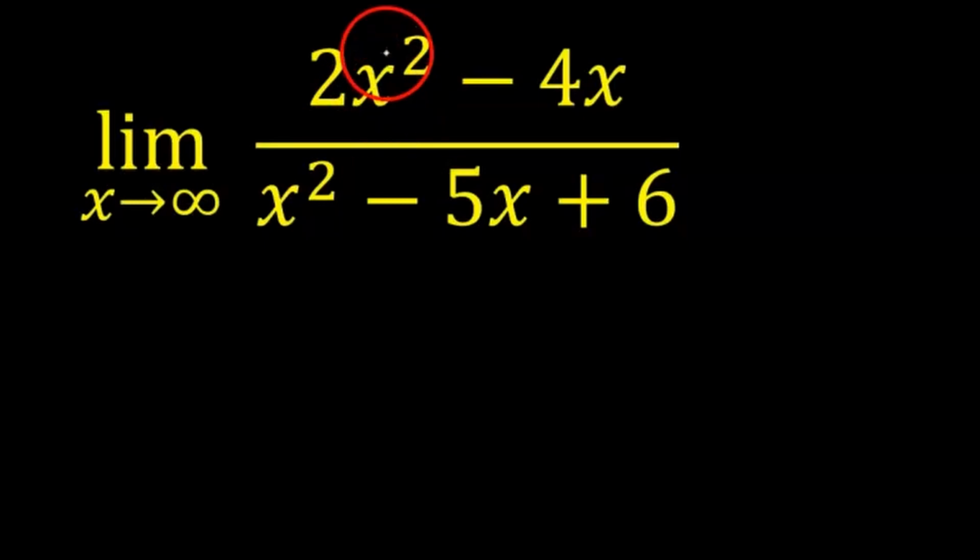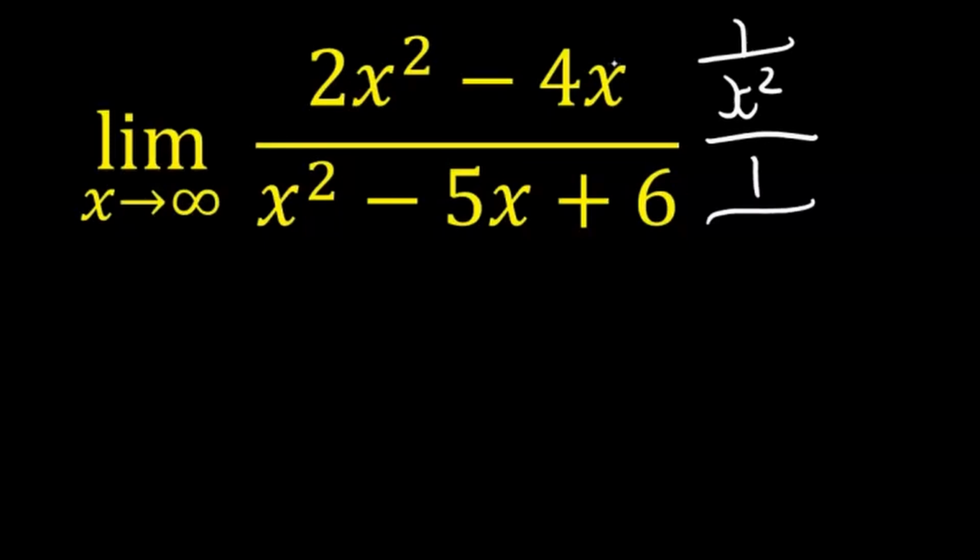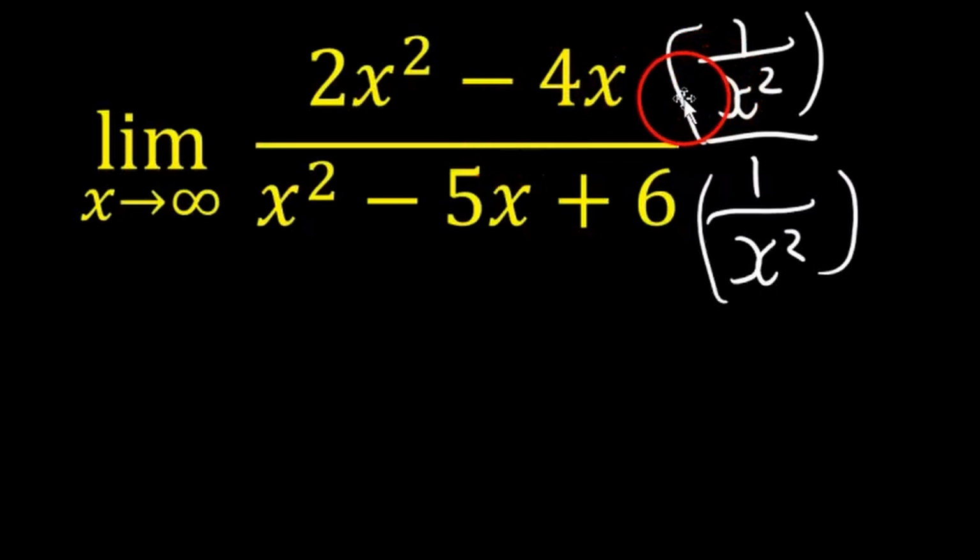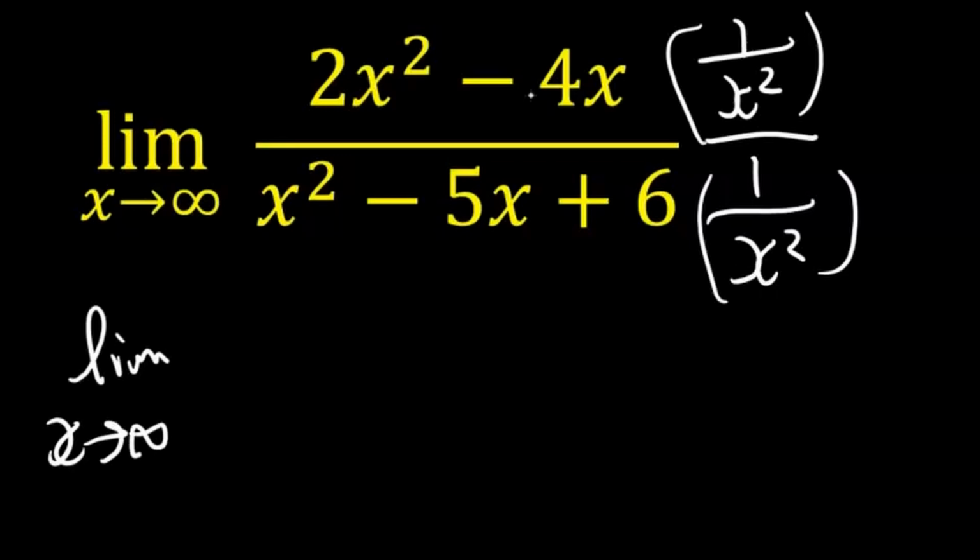Now, your prof may say you need to multiply top and bottom by the term with the highest degree. So you multiply the numerator by 1 over x squared, that's what the textbook says, and the bottom over x squared as well. When you do that, we get the limit as x goes to infinity of: 2x squared over x squared, which is just 2, minus 4x over x squared, which becomes 4 over x.